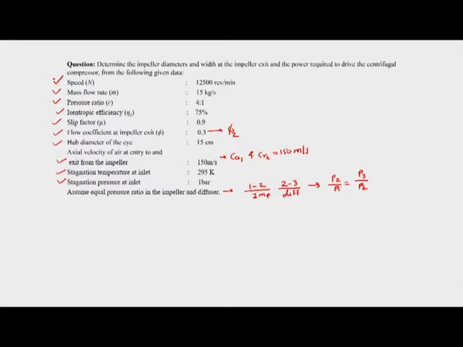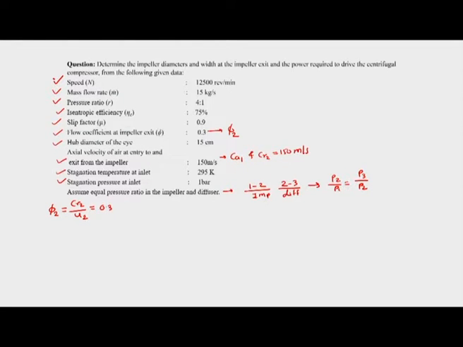So we will solve. We are given phi 2, and we know phi 2 is equal to CA2 divided by U2, or rather CR2 divided by U2. This is given to us as 0.3.